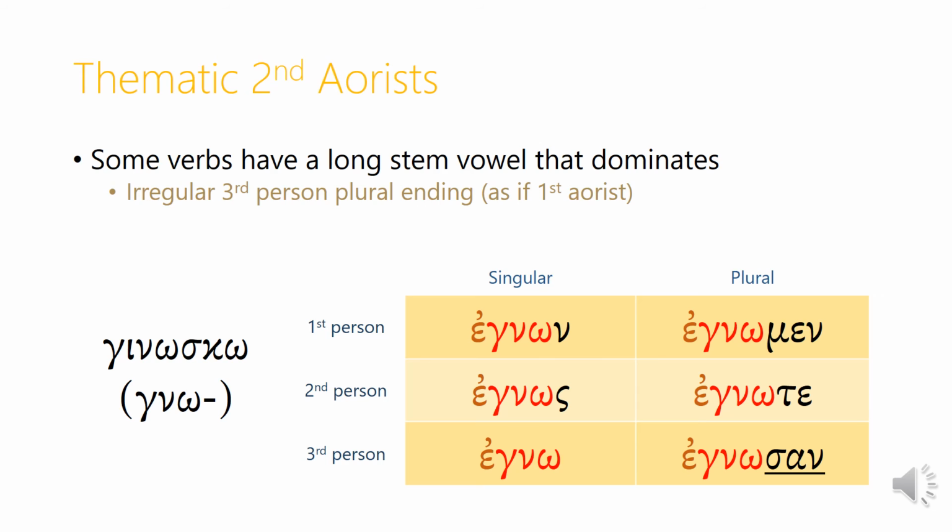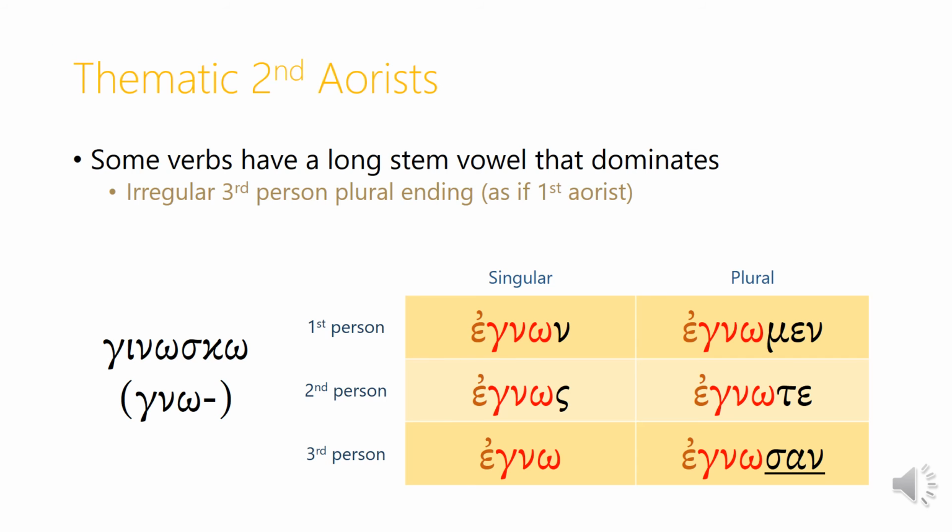So with gnosko, for example, the second aorist stem is gno, ending in that long omega, and the first person singular isn't egno-on, but that omicron connecting vowel is swallowed up and it's just egnon. The second person singular similarly is egnos, and the third person is egno, and here the epsilon ending itself is swallowed up by that omega.